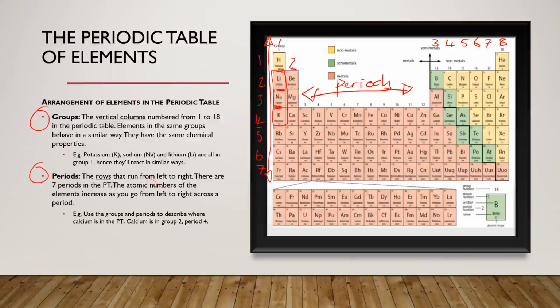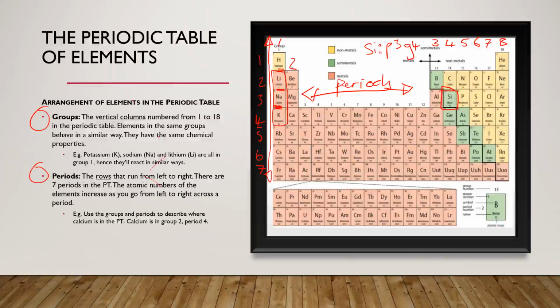And if you want to refer to a certain element, like let's say we are looking at silicon over here, we can say that it is in period 3, so silicon is period 3 and group 4, or group 4 and period 3. Either way, you're just saying where this element is basically.